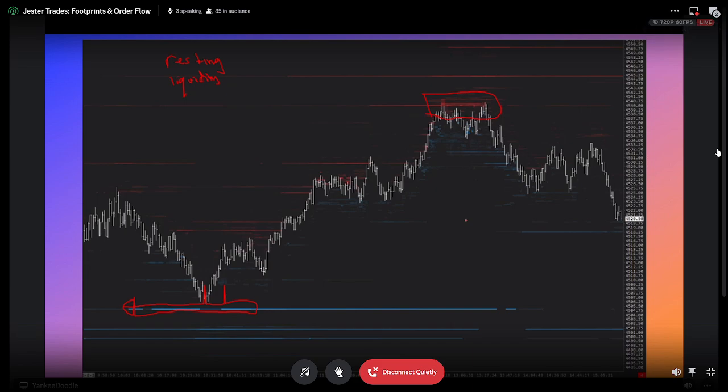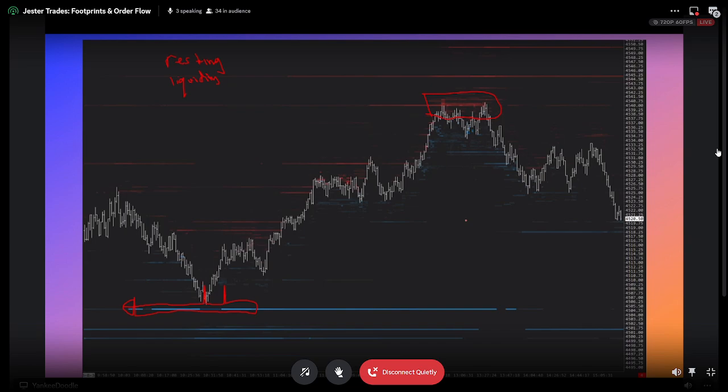I love that you brought up the liquidity pockets, because that's exactly what the market does. It's constantly going from liquidity pocket to liquidity pocket. It goes there, one side gets out of their orders, fills up on the other side, and then we see continuation down or up to the next area, and then it happens again.